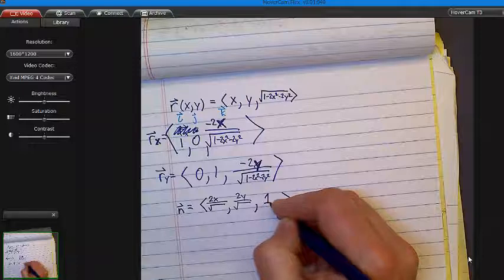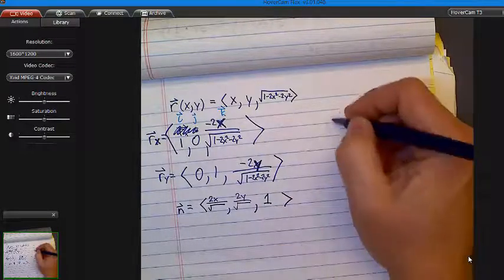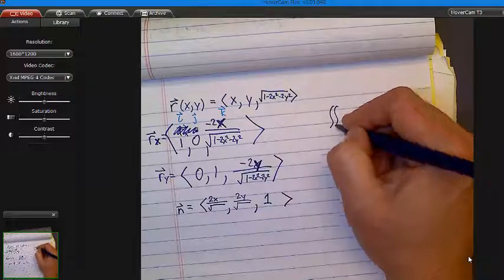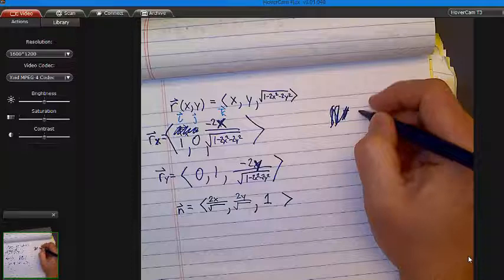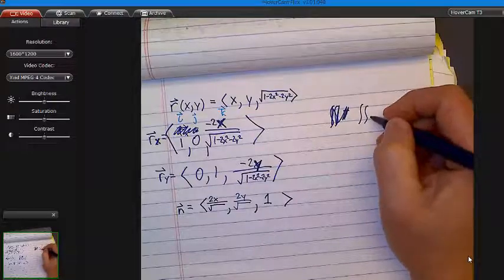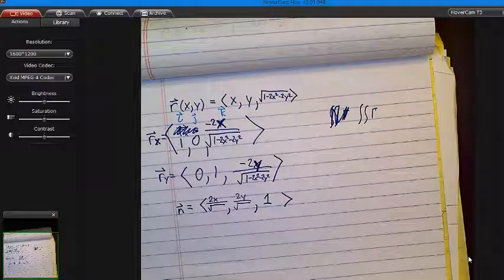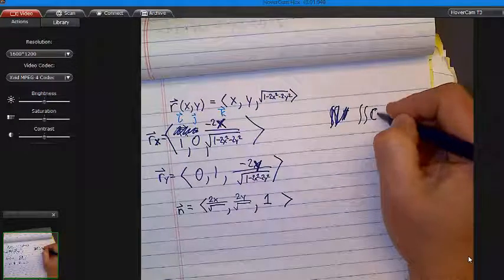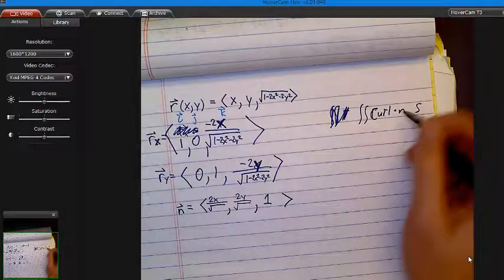And remember what we're about to do. We're about to dot this, right? We were interested in the surface integral of the curl dot the normal vector, dS.